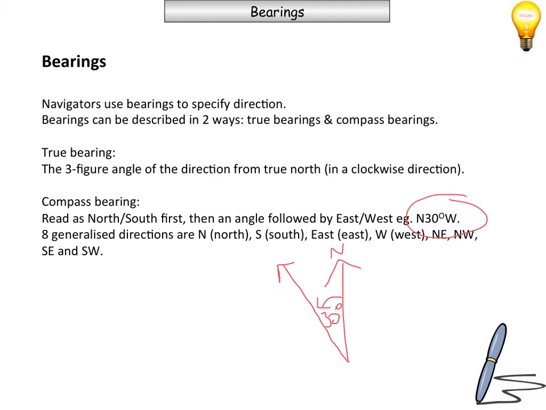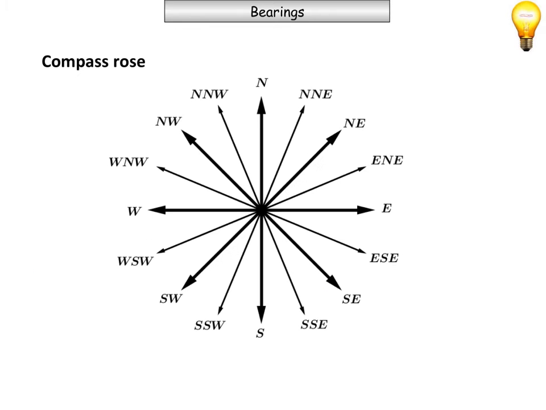We've also got the generalized directions, north, south, east, west, and then in between those we've got northeast, northwest, southeast, and southwest. So here's a compass rose. We just discussed the 8 generalized ones. There's a few more that are included here. Northeast is halfway between north and east.